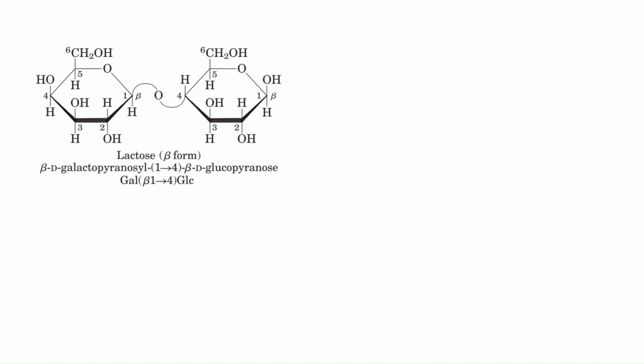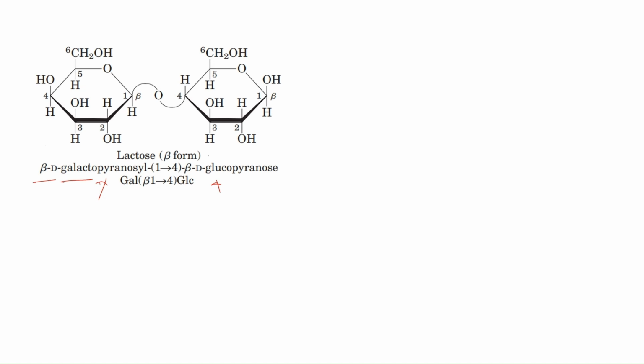Now pause the video and try to guess the name of lactose. The rest is the same. This is the structure of galactose, hence galacto. Pyran ring, so pyranosyl. Beta-D 1 to 4. Here also you see the bond is between the first carbon of galactose and the fourth carbon of glucose. So 1 to 4 beta-D-glucopyranose.